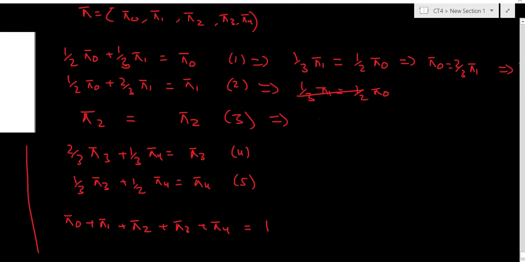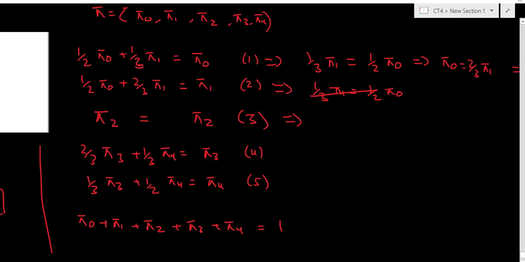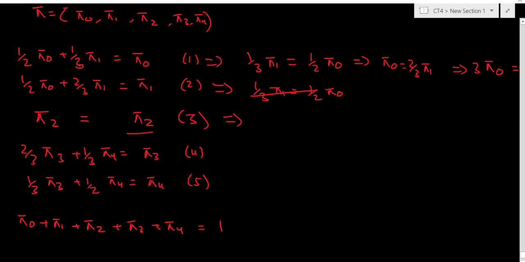If pi 2 is equal to pi 2, it can take any value, right? So in any case pi 2 would be equal to pi 2, so it can take any value.